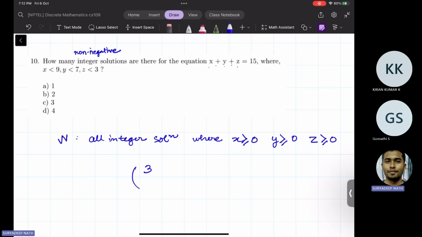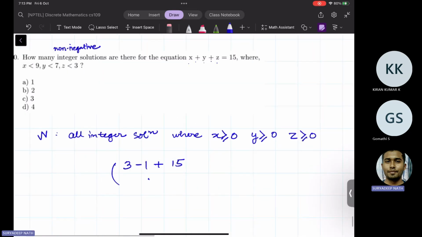The numbers add up to 15, so these are the total number of spots, and we'll have to choose 15 or 3 minus 1. So that is basically 17 choose 15. So this is n, all integers. I hope this is clear.